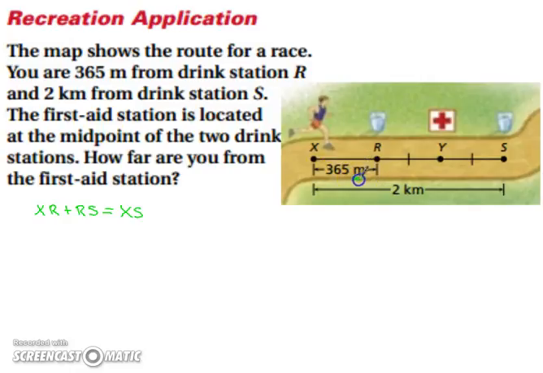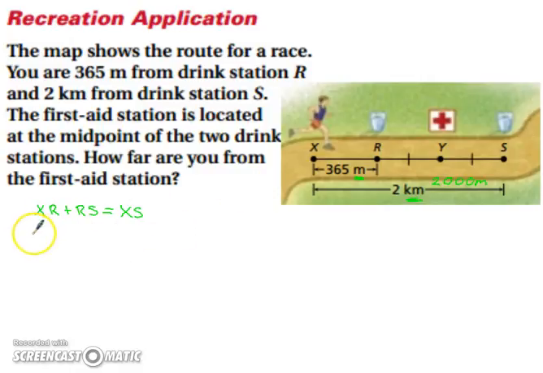And we do need to be careful because this one's in meters and this one's in kilometers. So 2 kilometers, if you recall back to a previous course, is really 2,000 meters. So when we substitute, we're going to use that 2,000 meters.